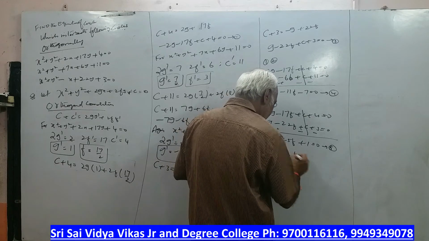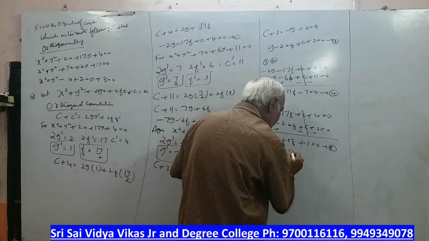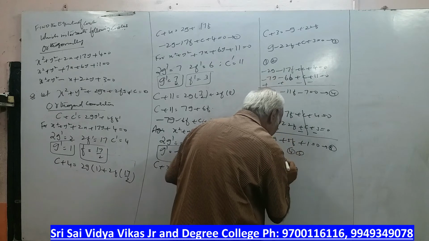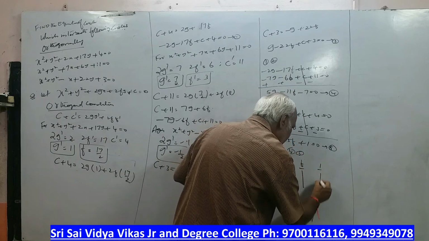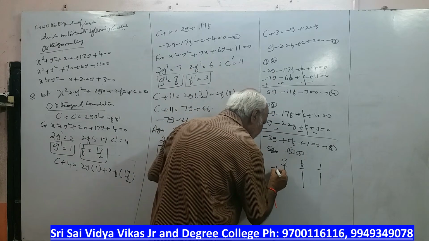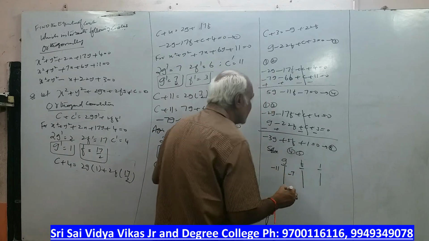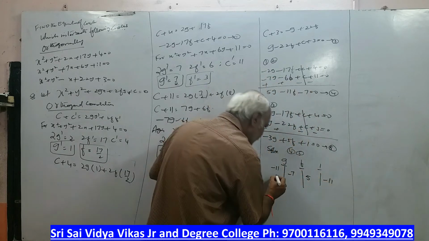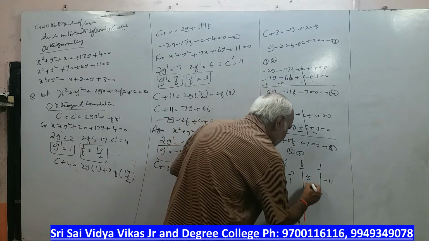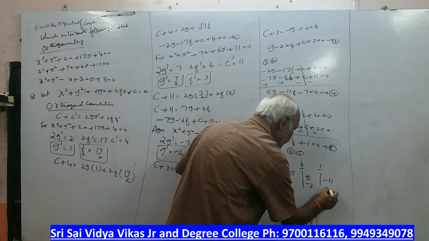For g and f. Means what? Solve 4 and 5. Again our method: g, f, 1. Put a line, put a line, put a line. So minus 11, minus 7, 5, minus 11. Next 5, 1, minus 3, 5.